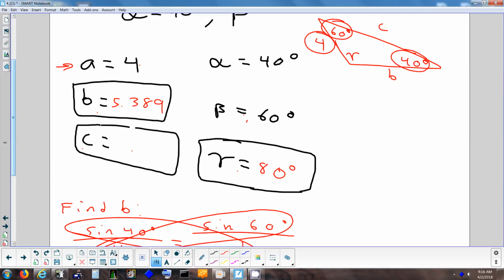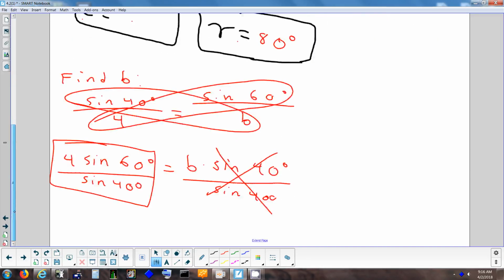You're going to have to use pieces of information you find to find other things. So if you made a mistake with gamma, you're automatically going to get C wrong as well. But at least B was separate. We didn't use gamma to find B. So you could still get B right even if you made a mistake on gamma, because gamma has nothing to do with B. So now let's set it up to find C.